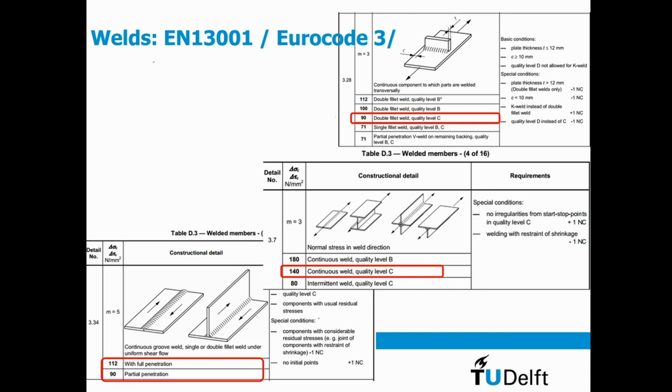Yeah, so what we see here is two things. Stresses along the weld have a much higher fatigue class compared to stresses perpendicular to the weld, which makes sense, of course.